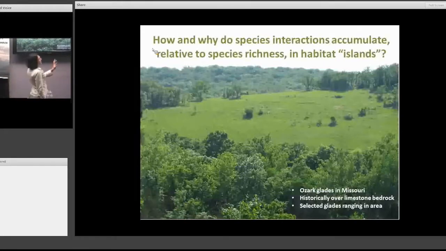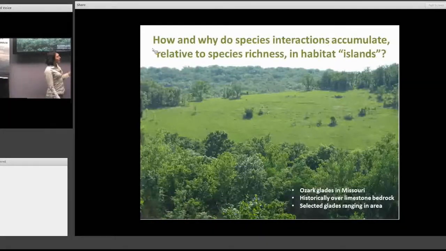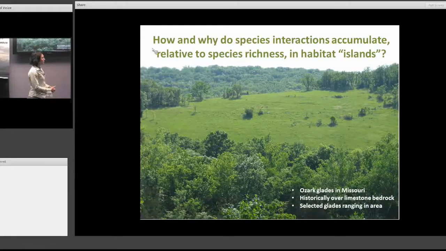So we were interested in asking this question of how and why do species interactions change in habitat islands that vary in size. And we use these Ozark glades as our study system. So if you've never been to one, a glade is an open, grassy, herbaceous area within a forested matrix.